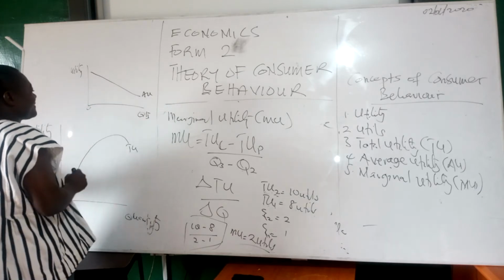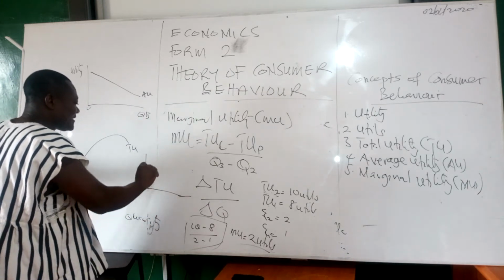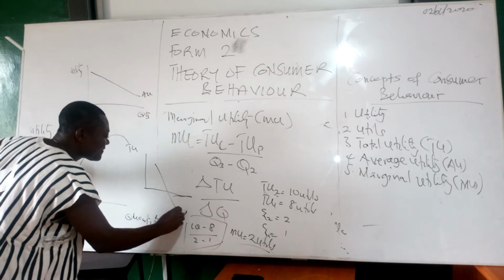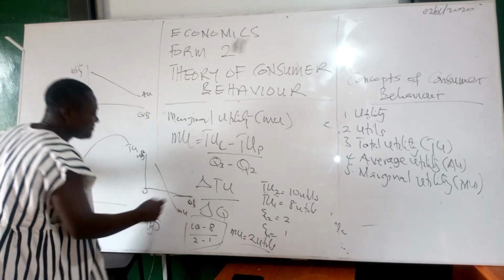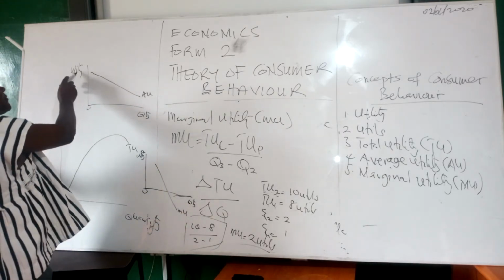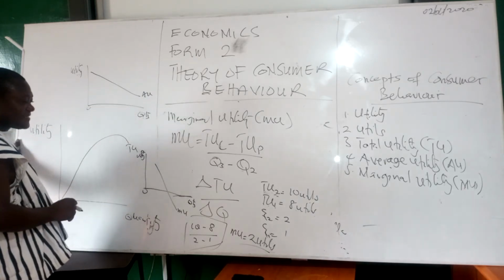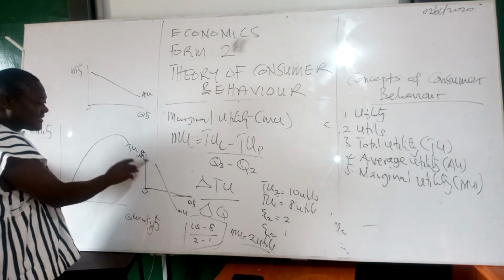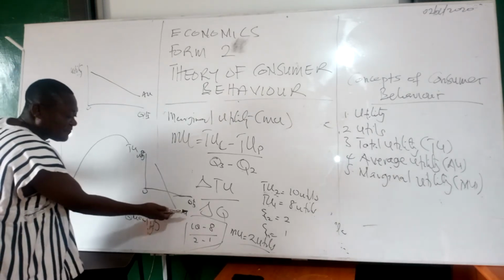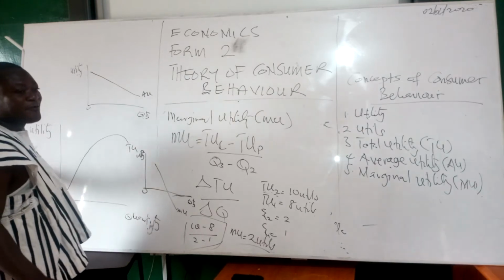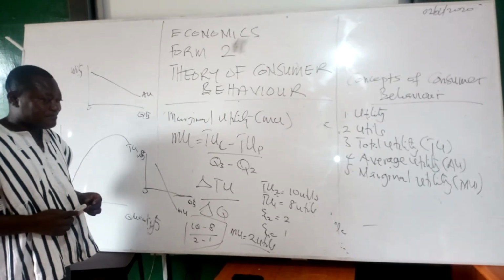Average utility, and then marginal utility, the two axes, utility here and then the quantity here. The average utility curve will never touch the quantity axis. But the marginal utility can assume negative values and therefore touch or even go beyond the quantity axis.